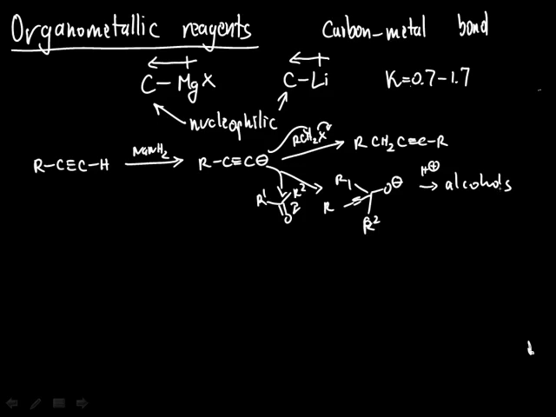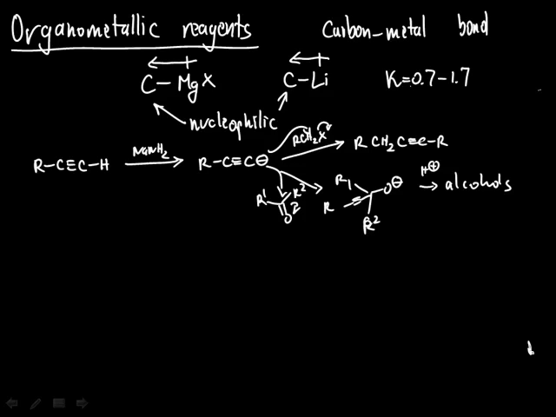But acetylides are a little bit of a special case because acetylenes and other alkynes can be easily deprotonated because of their acidity. However, we cannot apply the same method to alkyl or alkenyl-based reagents since alkanes and alkenes are not nearly as acidic as alkynes are. And so how do we make these organometallic compounds for alkyl and alkenyl?